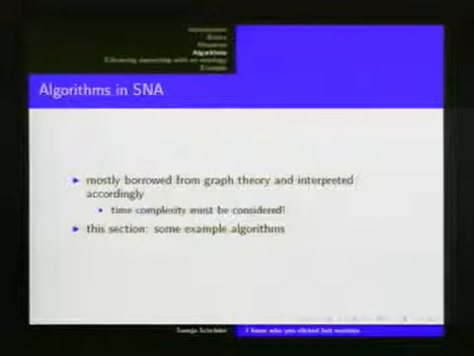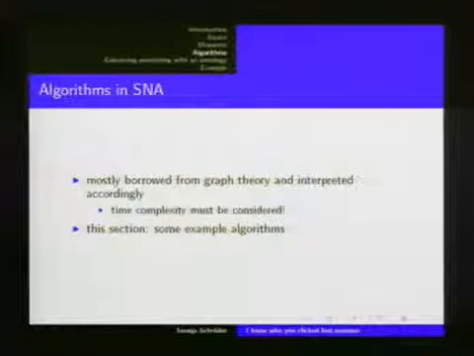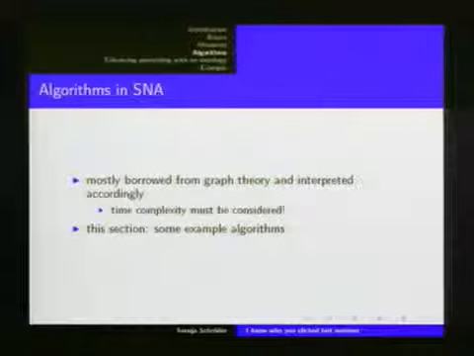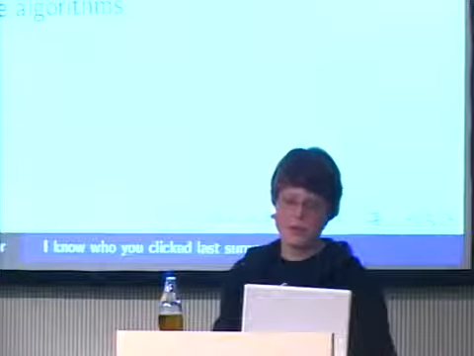And the trick is to interpret them accordingly. So social network analysis just gives you a kind of toolbox to interpret most of those algorithms from graph theory. And of course, time complexity must also always be considered. A traveling salesman problem is a traveling salesman problem also in a social network.